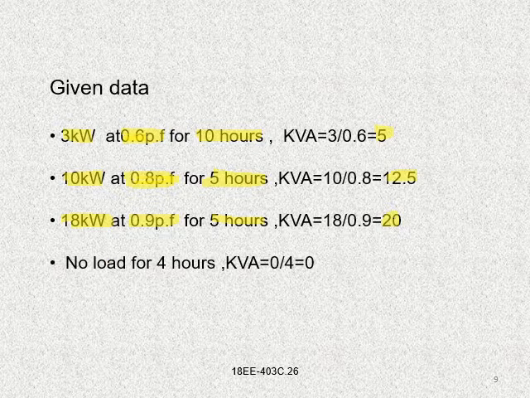For no load for 4 hours, since there is no load, it is 0 by 0 is 0. There is no power factor and no time or something, so the kVA here is 0.